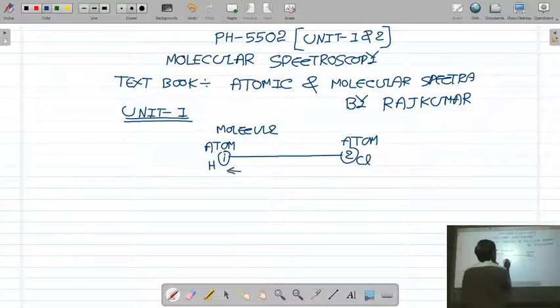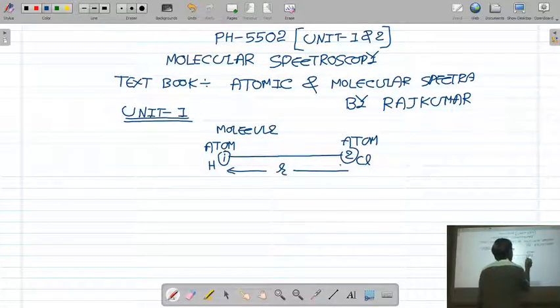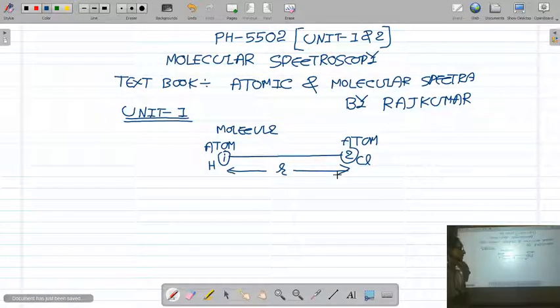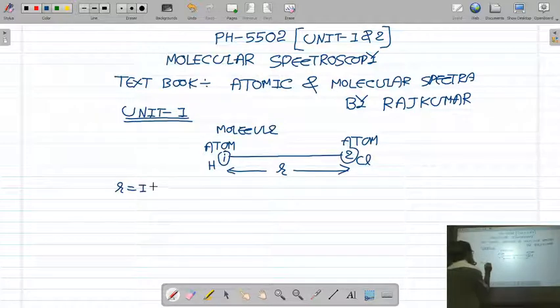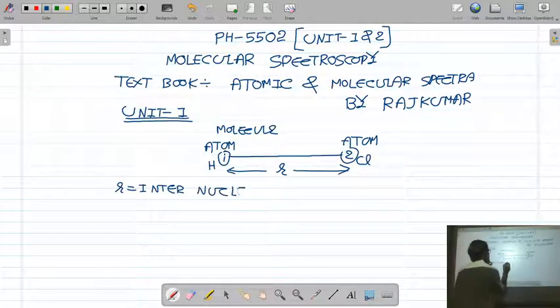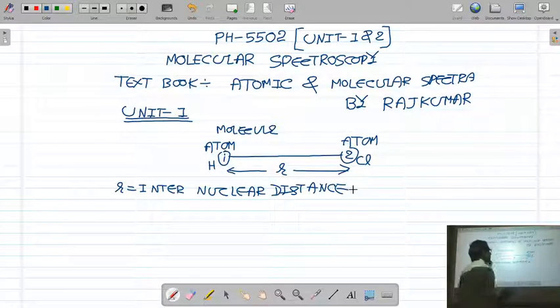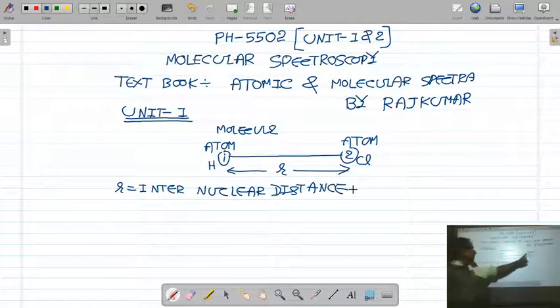The distance between these two atoms, R, is called internuclear distance. So this is atom 1 of the molecule, atom 2 of the molecule.